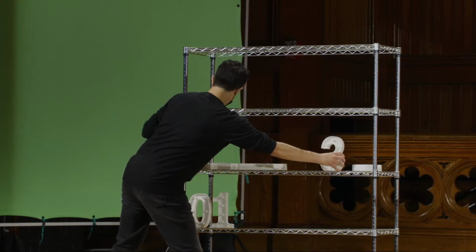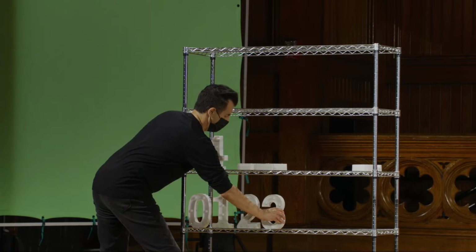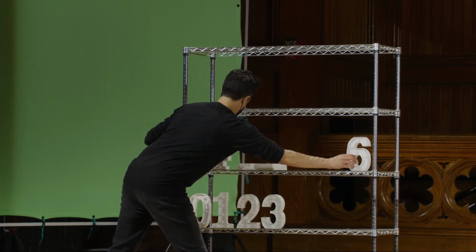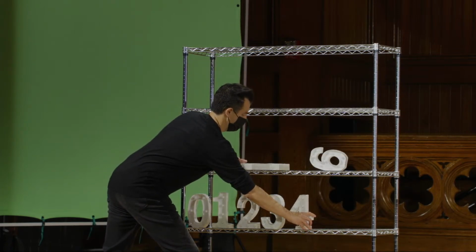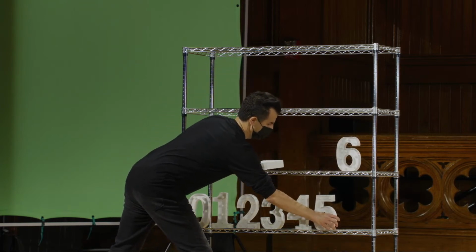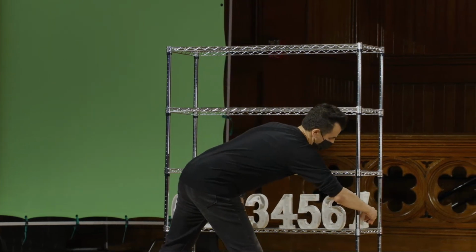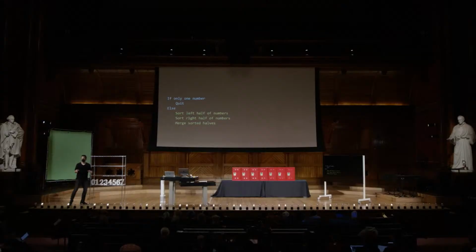What comes next? The 2. What comes next? The 3. What comes next? The 4. What comes after that? The 5. What comes after that? The 6. And lastly, this is when we run out of memory. The 7 over there is actually in place. OK.